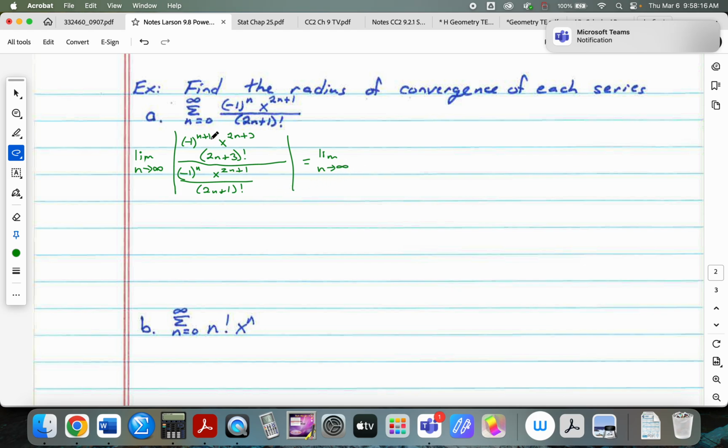So -1 to the n plus 1 over -1 to the nth is going to be -1. X to the 2n plus 3 over x to the 2n plus 1 will be x squared. And 2n plus 3 factorial divided by 2n plus 1 factorial will be 2n plus 3 times 2n plus 2.